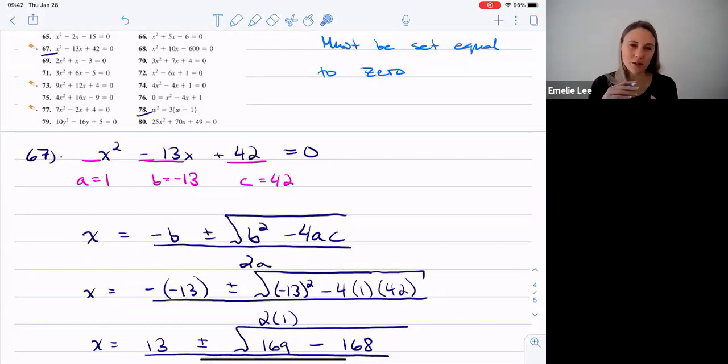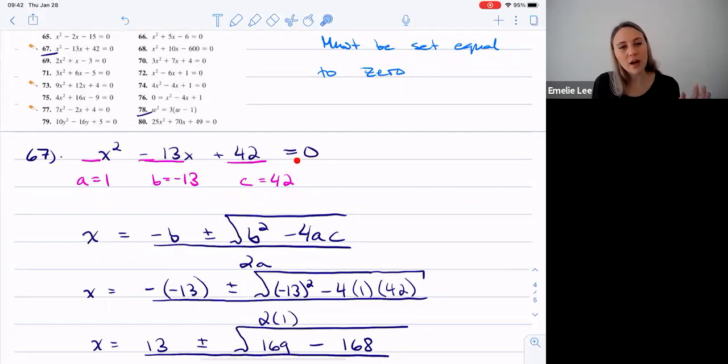I always like to give you ways to check your work, right? And so you can check your work using Desmos if you graph this thing, right? So let's graph x squared minus 13x plus 42 and just ignore the 0 for now. So it has to be equal to 0 because this is our y value, right?